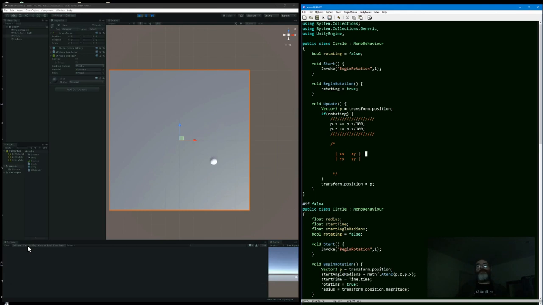And what you would do is you multiply that by a vector. So we could call this just x and y. And this will allow you to rotate.